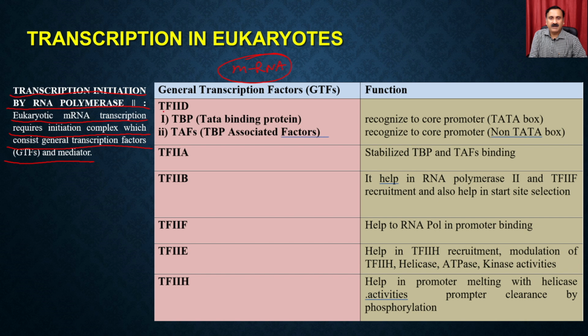Among the general transcription factors, we have TFIID, which is used to recognize the core promoter, like the TATA box, or also core promoters without a TATA box, like other kinds of sequences. Within TFIID you can have two different types of proteins: the TATA-binding protein, and the TAFs, which are called TATA-binding protein associated factors.